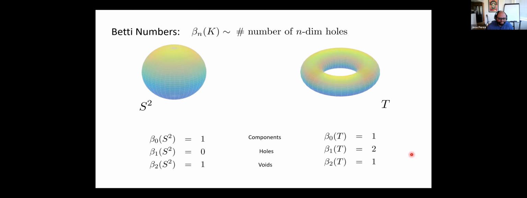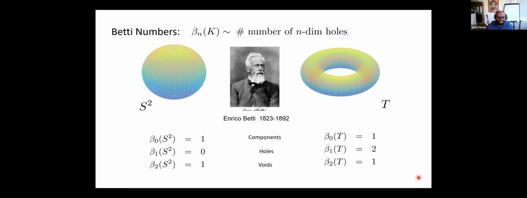And then finally, Betti 2 is asking about two-dimensional holes. The sphere itself is a closed surface bounding a three-dimensional void, and the same for the torus. It is a closed surface that bounds a three-dimensional void because the torus is hollow. And again, the main point is that you can use the Betti numbers, which are named after Enrico Betti, to distinguish between spaces, right?